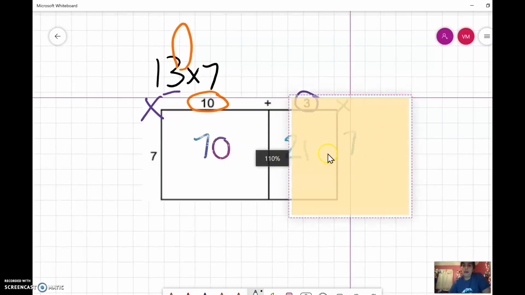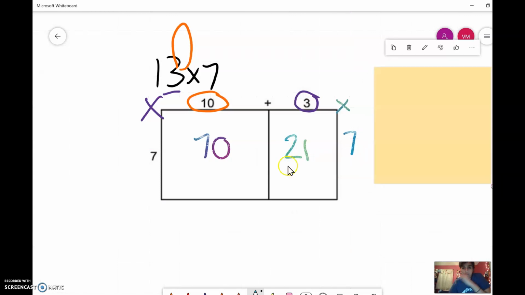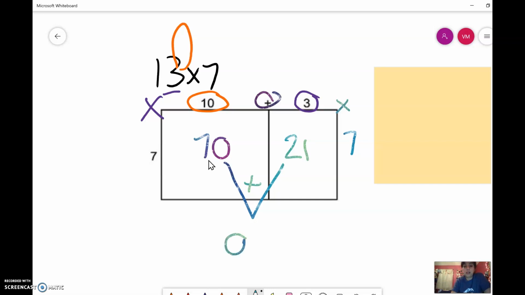So in order to do that, I'm just gonna put the sum of 70 plus 21. Okay, you're still adding them together. Those are the big area model. Equals 91. So the product of 13 and 7 is 91.